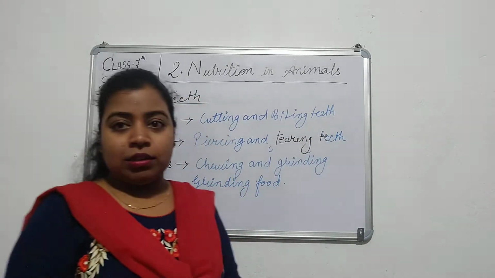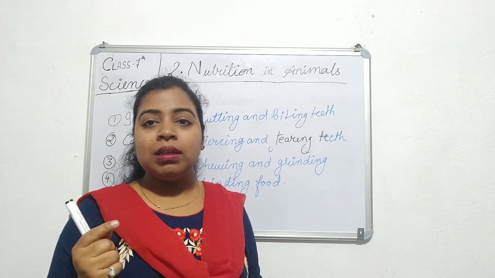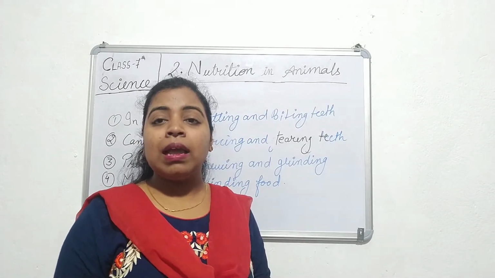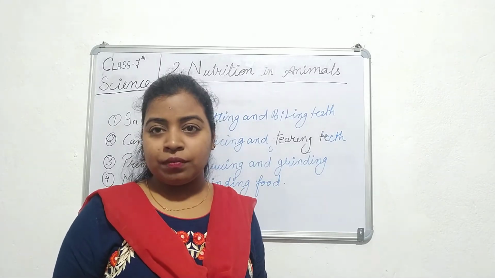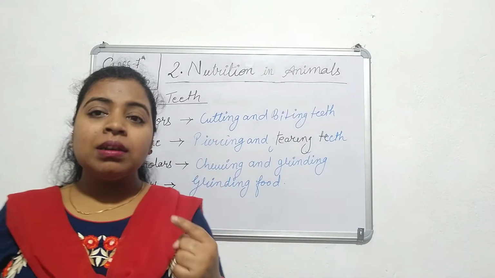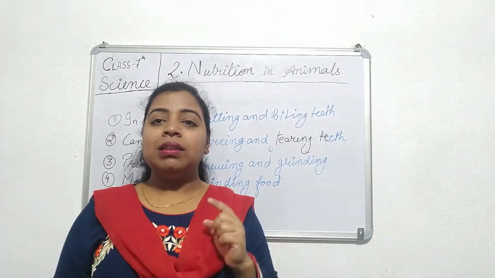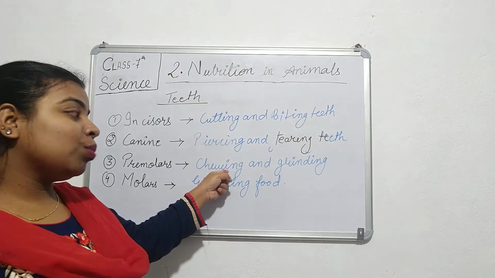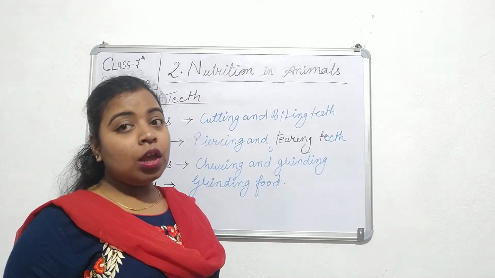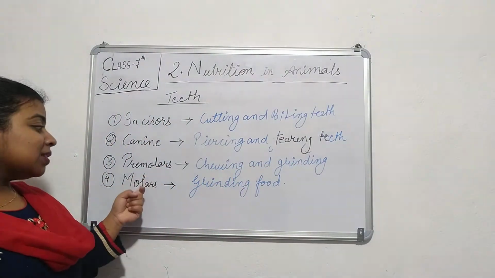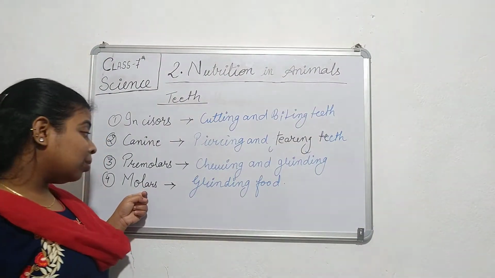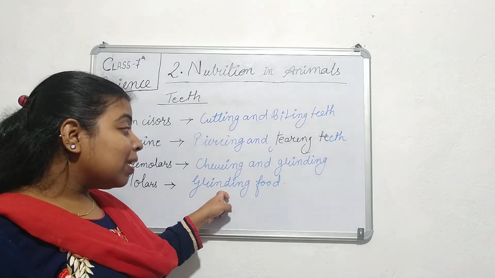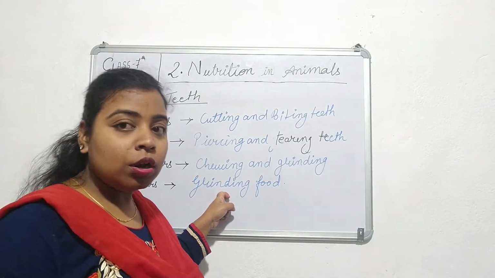These sharp teeth after incisors are known as canines, which are helpful in piercing and tearing of the food. Next, after the sharp teeth, premolars come. Premolars are helpful in chewing and grinding of the food. After premolars, the last teeth in our mouth are known as molars, and they are the bigger ones, known as grinding teeth for food.